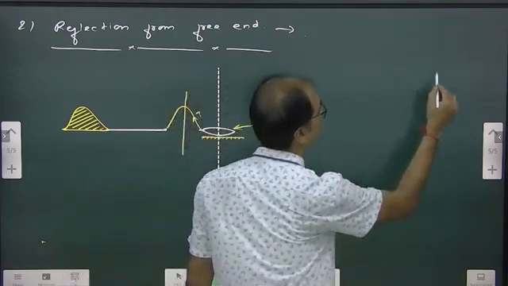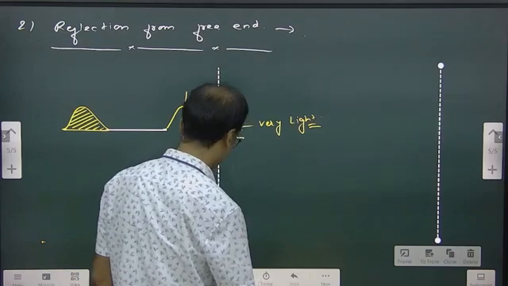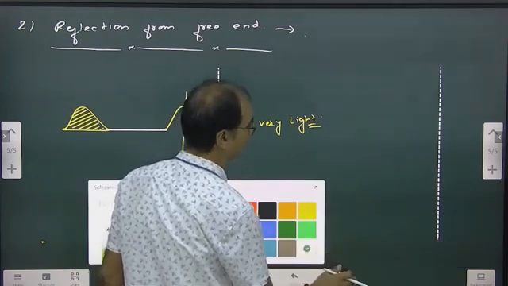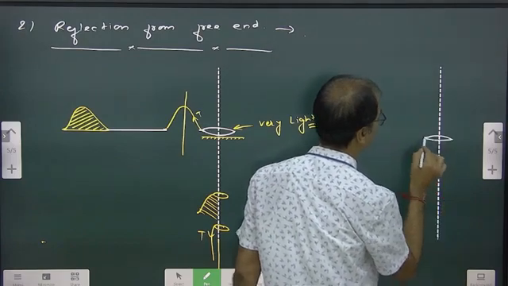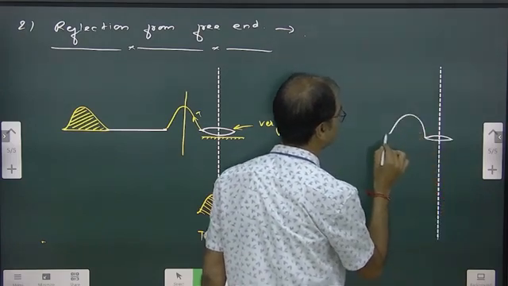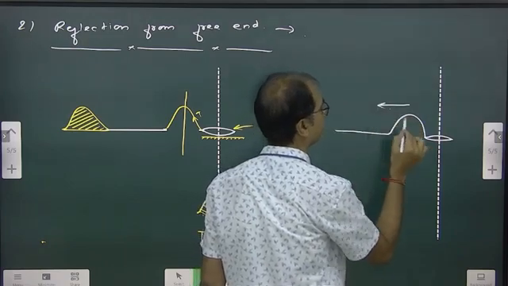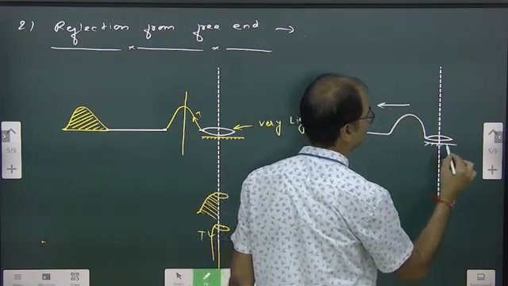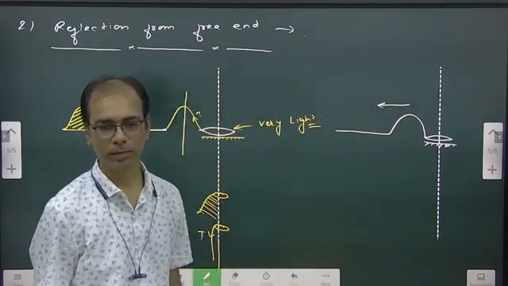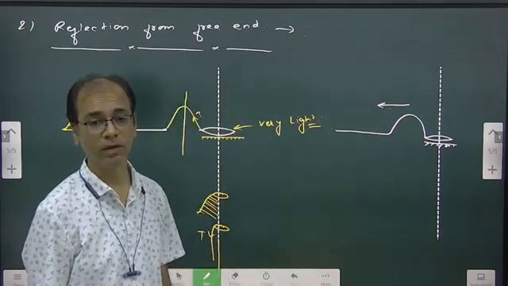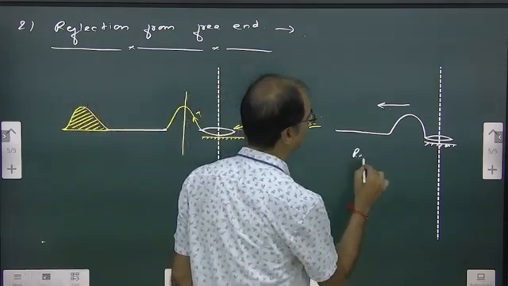It will come like this. This is the pole again, and here is the ring back at the same point. Then here is the pulse which will go in this direction, and here is fixed. This is the reflected wave from free end.